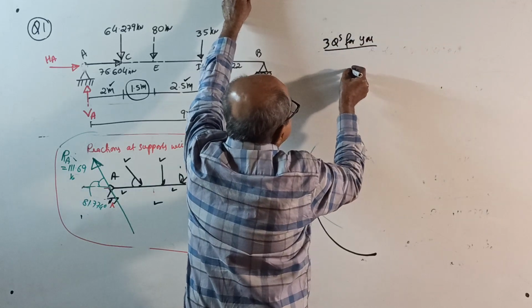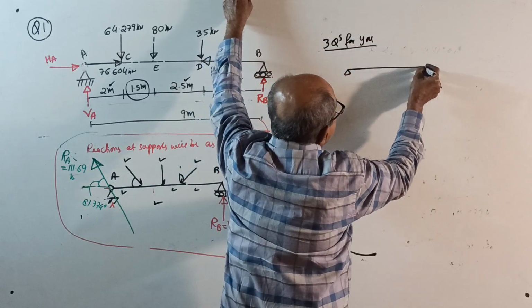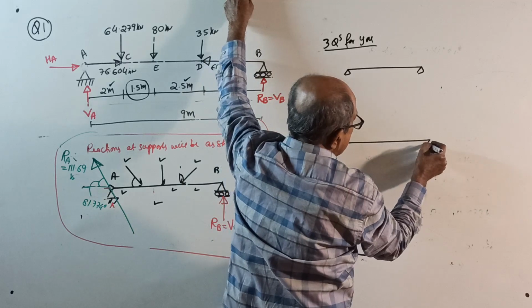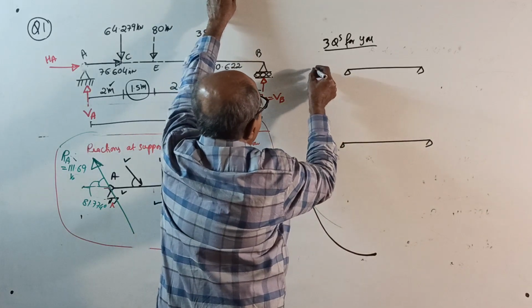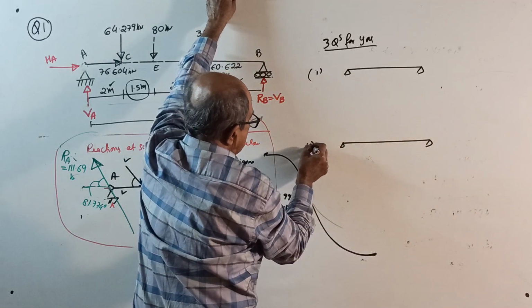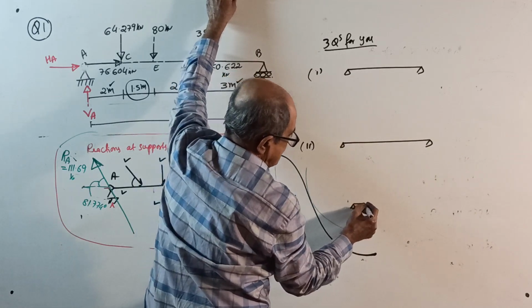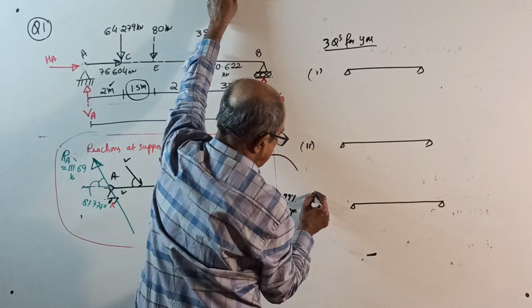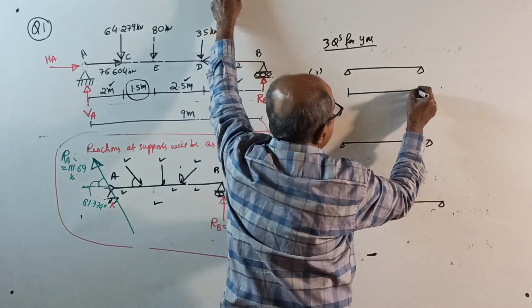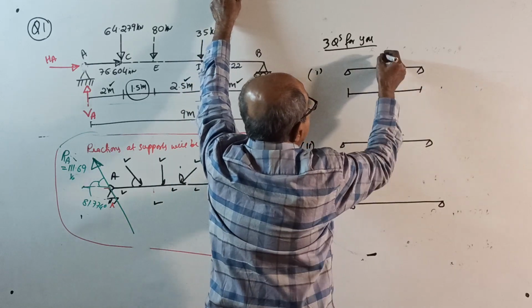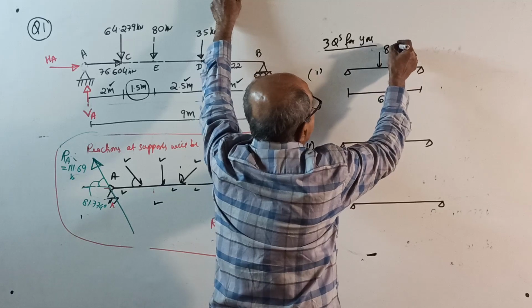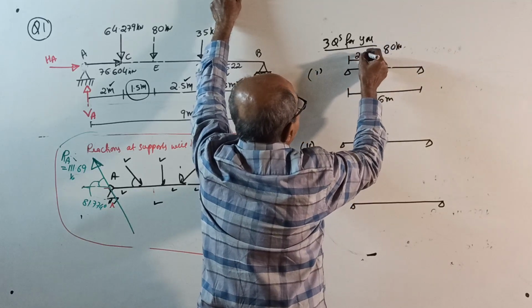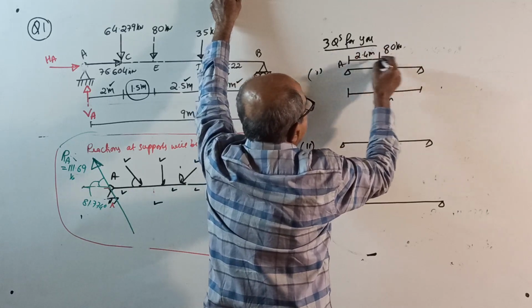All of them are simply supported beams, so this time no horizontal loads. 3 questions: 1, 2, 3, all for your workout. Span 6 meter, a load of 80 kilonewton at 2.4 meter from here, AB.